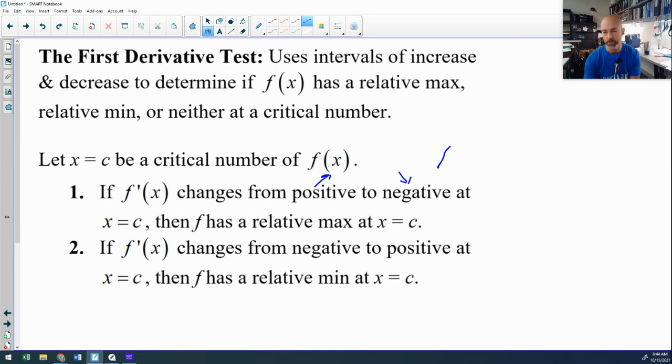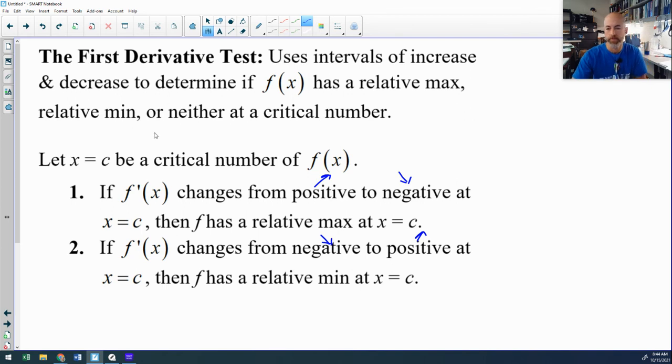And so if you change from increasing to decreasing, it makes sense that that would be a max. Similarly, if your derivative changes from negative to positive, that means your function will change from decreasing to increasing. And if a function changes from decreasing to increasing at a critical number, then you would have a relative minimum at that critical number.